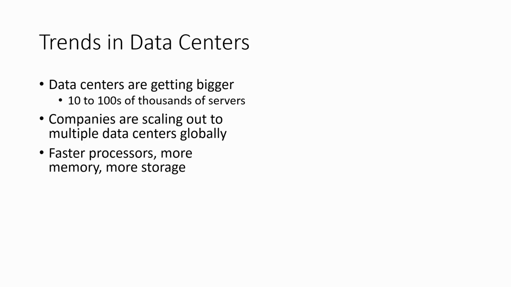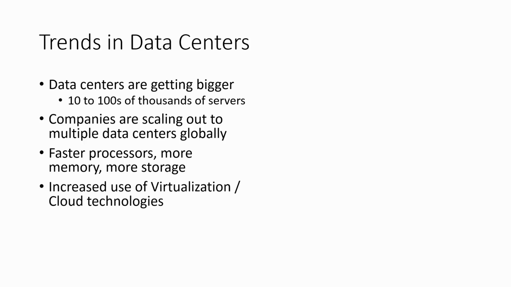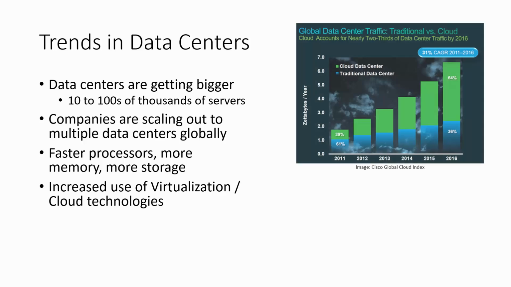The servers themselves are having much faster processors, more memory, and more storage. And typically, companies have to keep refreshing their servers in order to gain in terms of performance and cost, but also in many cases reduce their power consumption by utilizing more efficient servers. And there's now increased use of virtualization and cloud technologies to manage all of these systems in data centers.